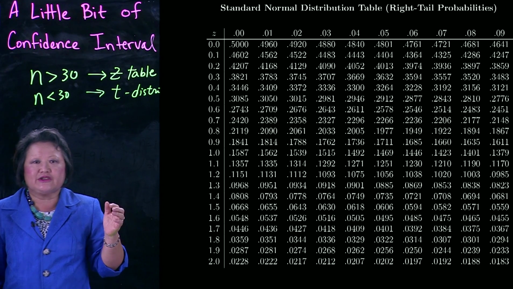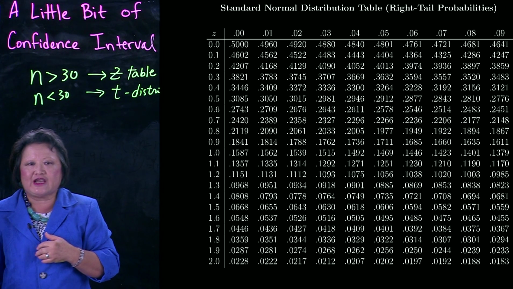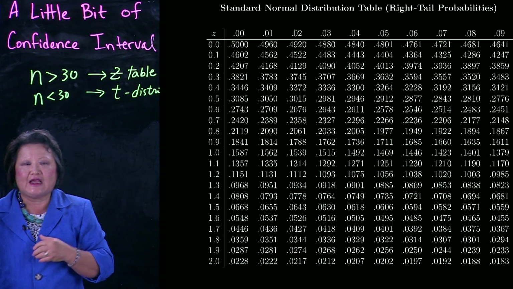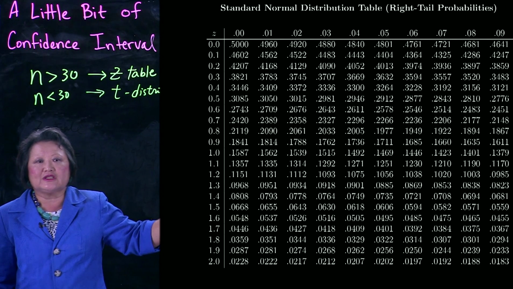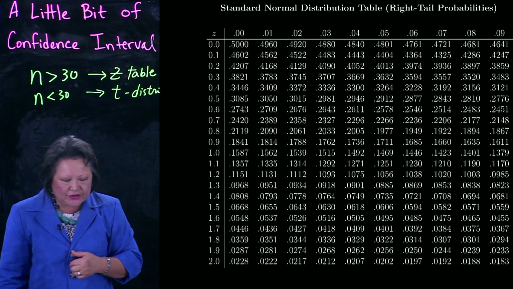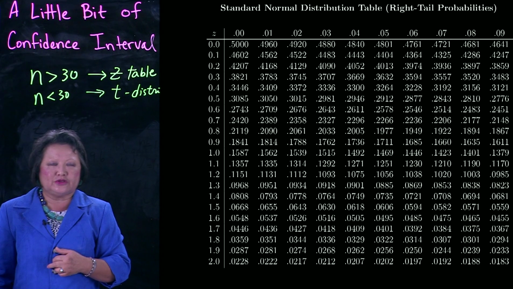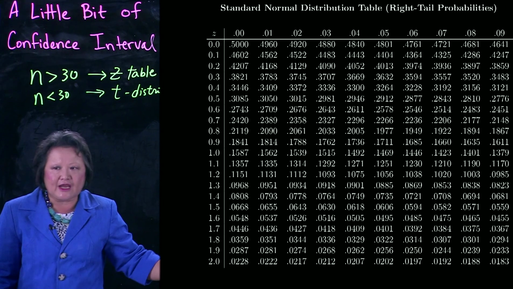Then you look across. The first column gives you the first 2 digits of the z-value. Say look under 1.9. Then you look across the row to the top, says 6. So 1.96, I know, is a z-value that leaves you 2.5% or 0.025 area to the right.